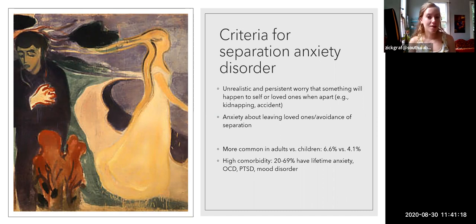And that probably has something to do with the fact that there's a lot of comorbidity between separation anxiety and other psychological conditions. So somewhere between 20 and 70% of adults with separation anxiety disorder have another mental health condition. They also often have a physical health condition. So people with separation anxiety disorder tend to worry about separation specifically from a loved one who has kind of a caregiver role.